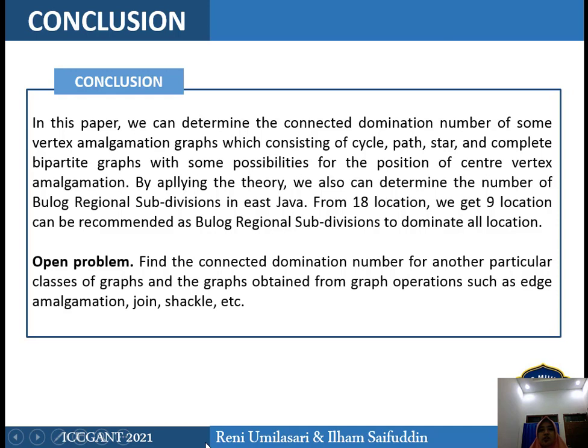From 18 locations, we get 9 locations that can be recommended as Bulog regional subdivisions to dominate all locations. We also give the open problem: find the connected domination number for other particular classes of graphs, and graphs obtained from graph operations such as edge amalgamation, join, or cycle operation.